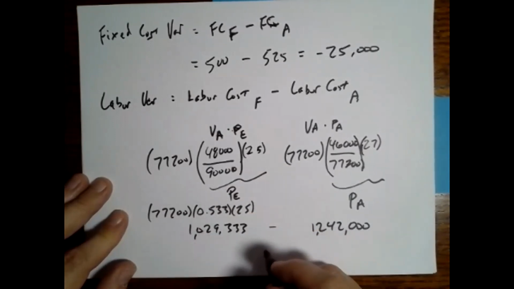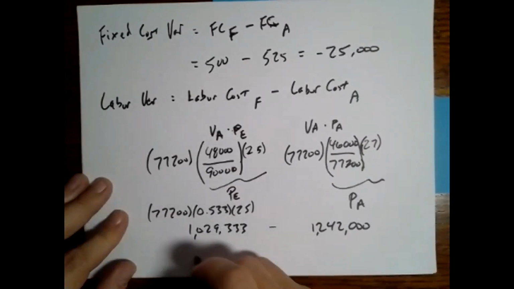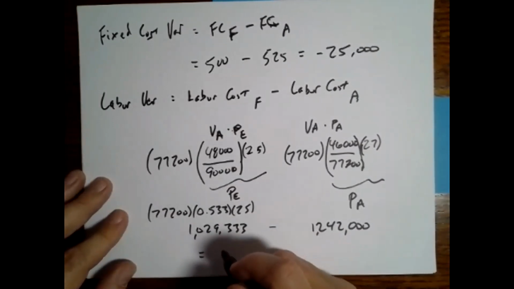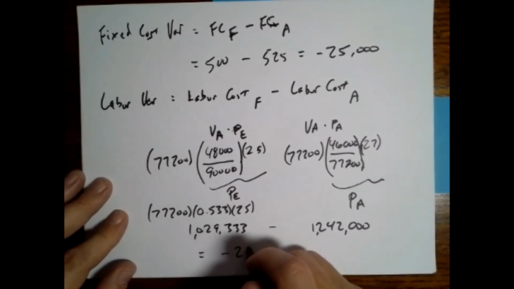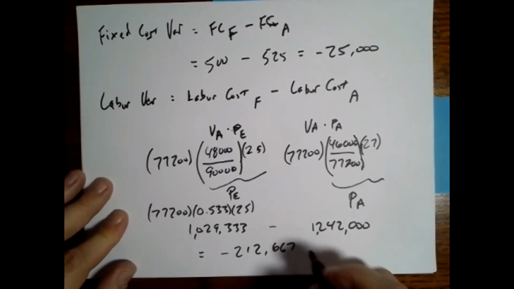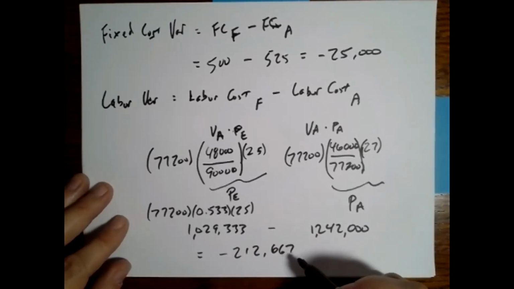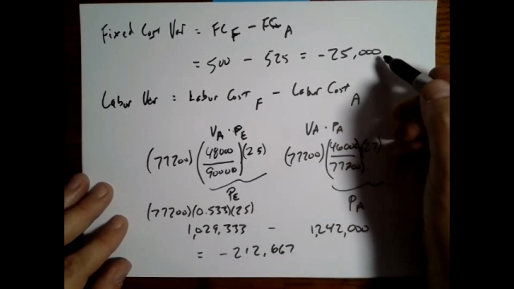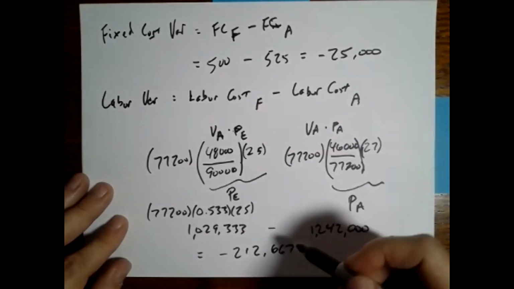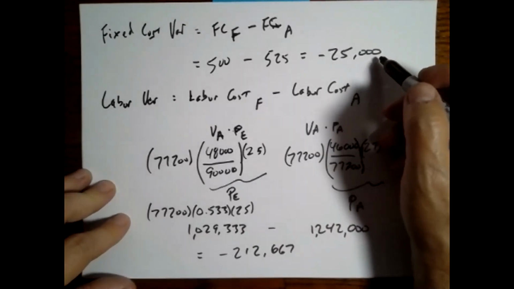If we subtract the 1,242,000 from the 1,029,333, we wind up with a labor variance of negative 212,667. So so far we've got negative 212,000 from labor variance and negative 25,000 from fixed cost variance.